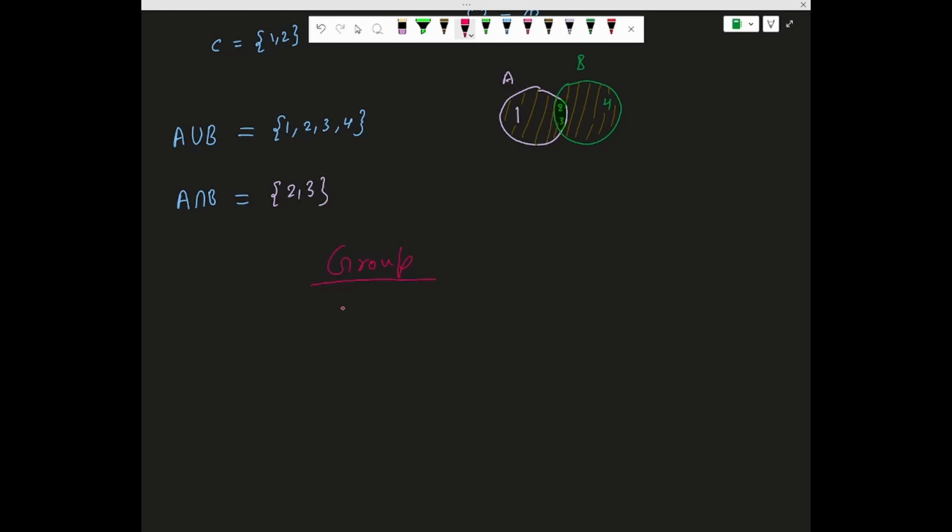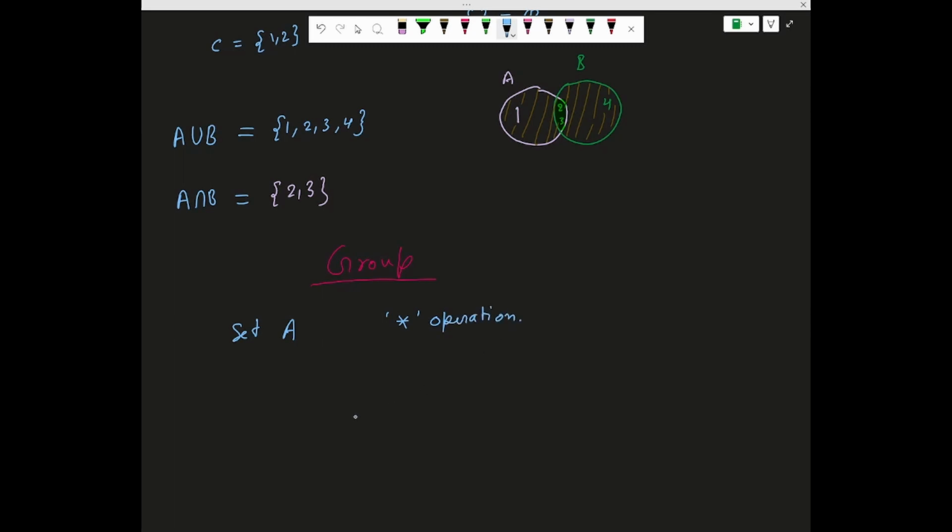Group. So what is a group? Basically, it is a set, and we need to check whether the set is forming a group or not. Let's say we have set A, and we need to check whether it is a group on a particular given operation, star. This is the operation.